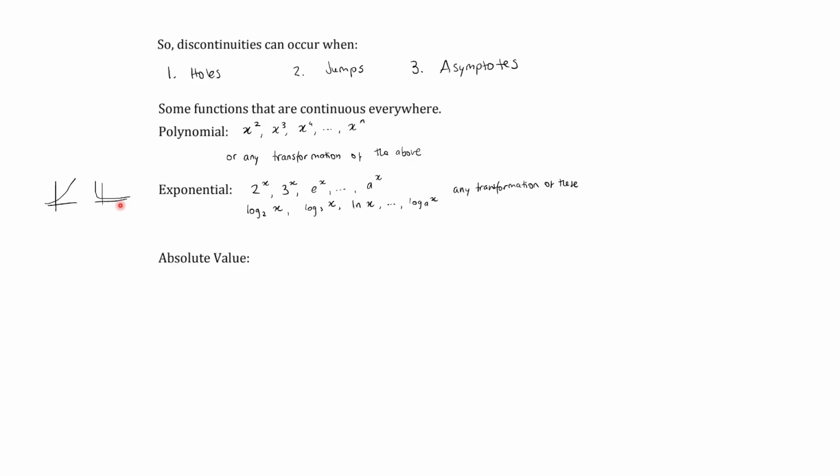A third type of function that is continuous everywhere is the absolute value function. So again, the absolute value of x or any transformation.